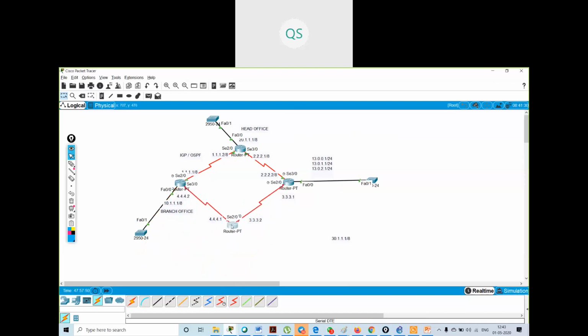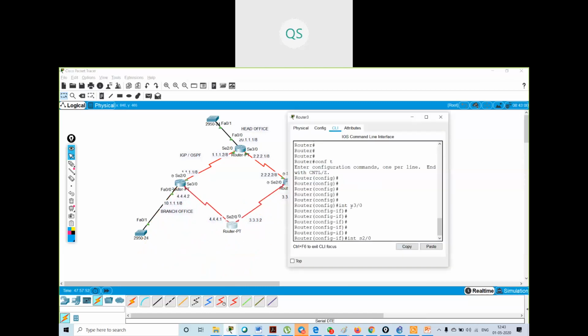So this one is 3/0 only. IP address 4.4.4.1 255.0.0.0. Hari, you didn't understand, or you don't have any doubt?